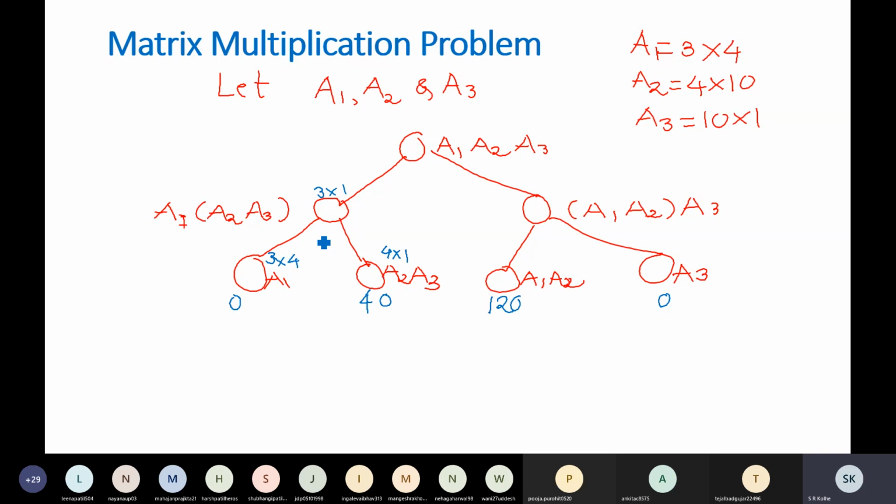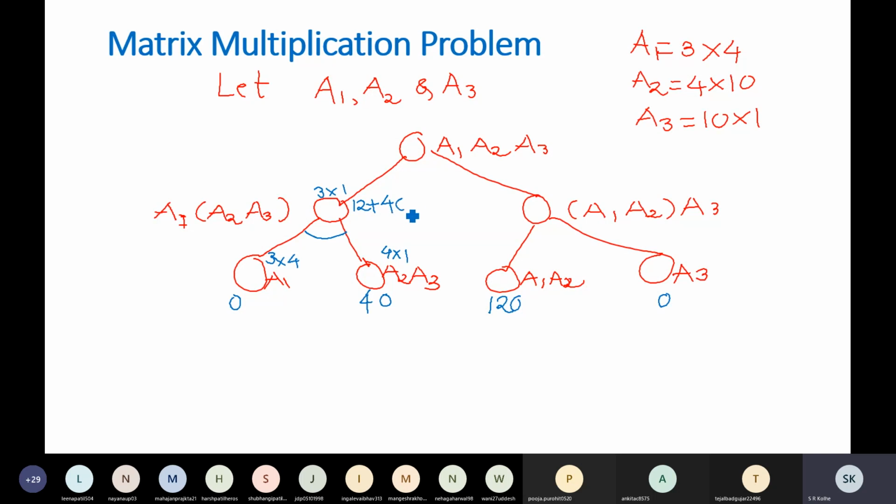Actually this is an AND type of arc. Both of these have to be solved to get this. To get this, you will have to solve this as well as this. So the cost associated with this node will be the cost to multiply this plus the cost of this. Already you have put that cost, which is 40.